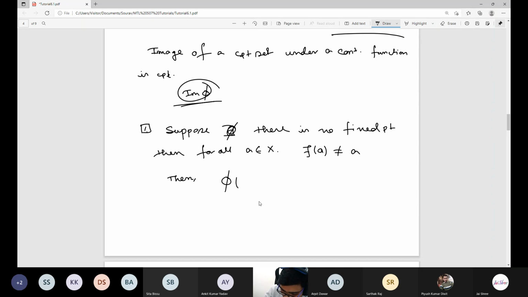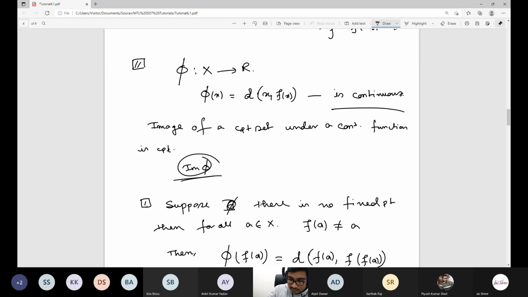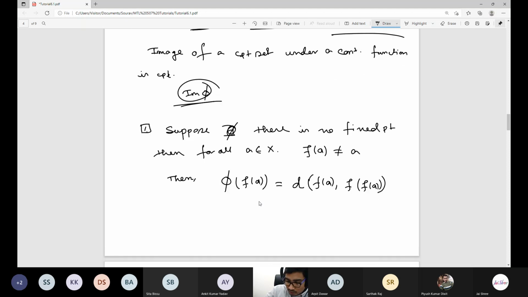Then we can say phi of fa is the distance of fa comma f of fa. By definition, phi of x is equal to d of x and fx. So phi of fa will be d of fa and f of ffa.